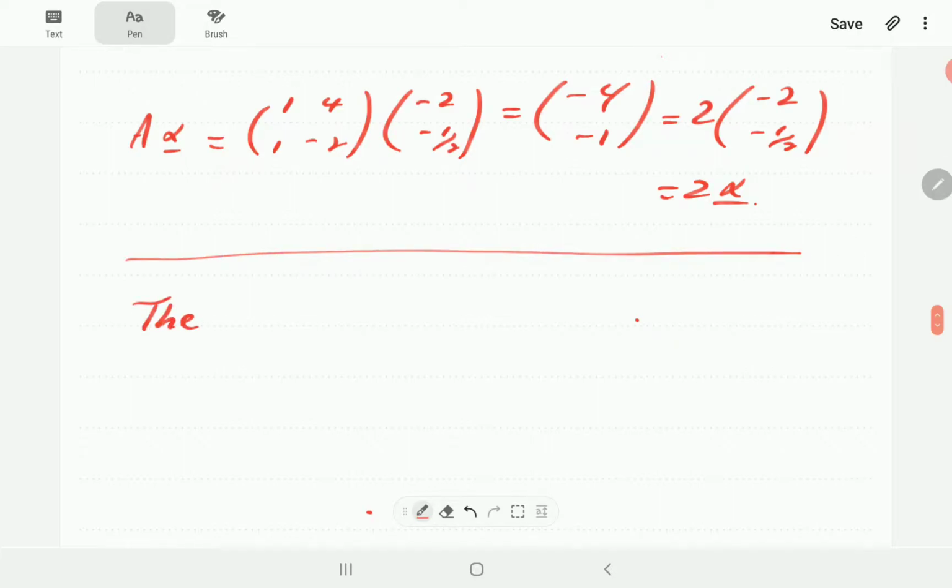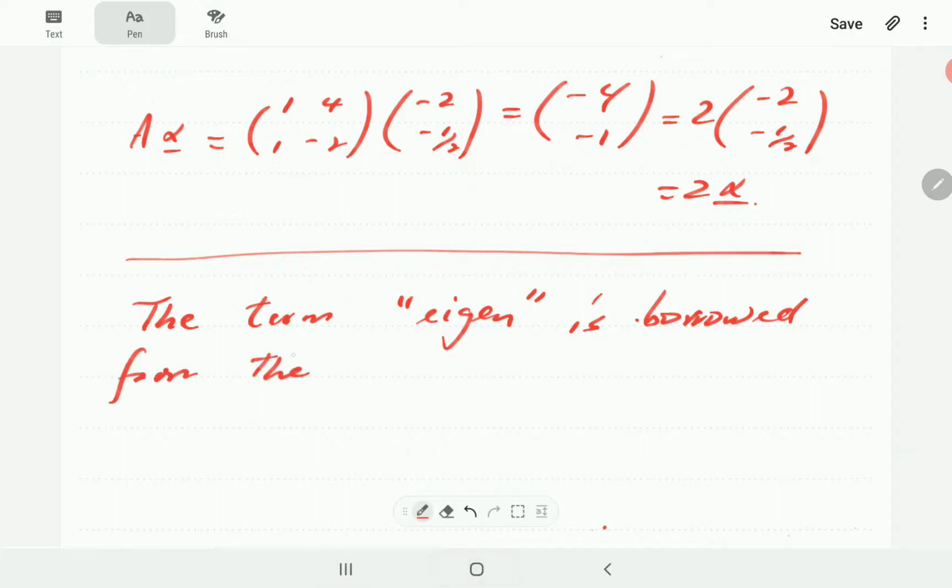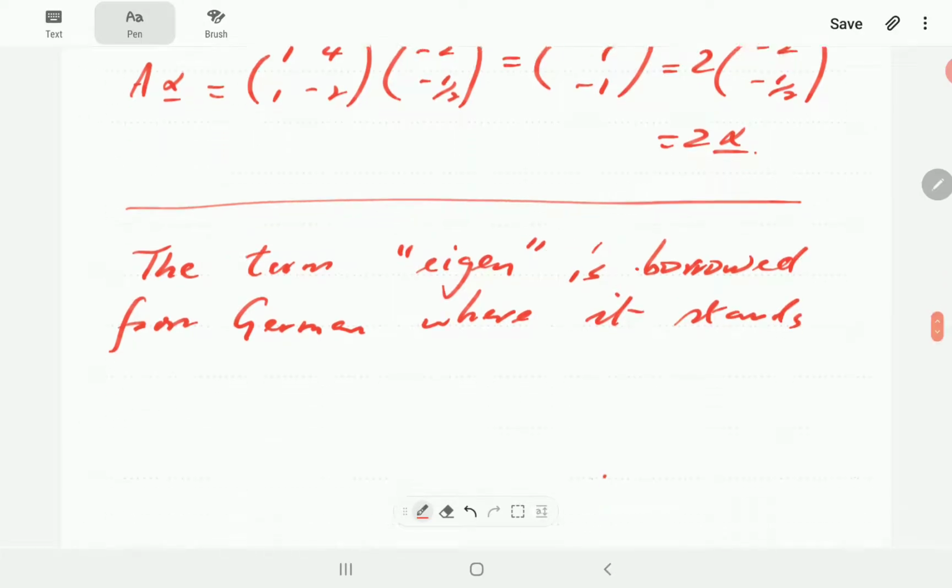Now, just in terms of the terminology, so notice that the term eigen is borrowed from the German language, where it stands for any of the following synonyms.